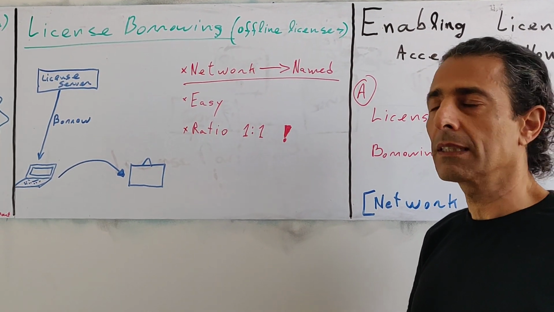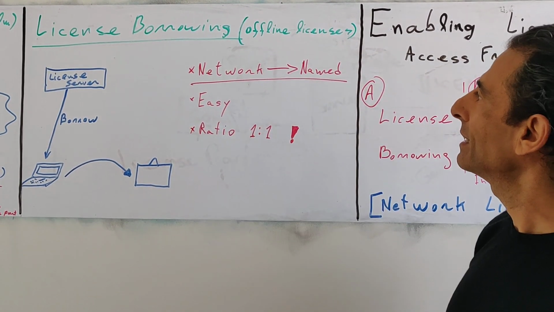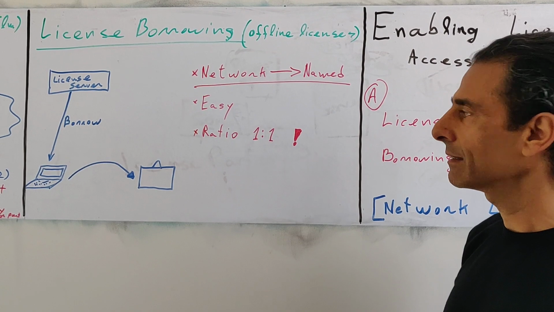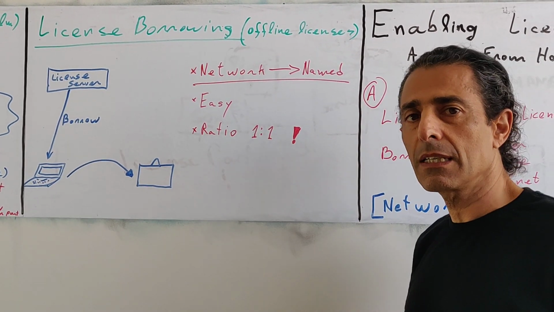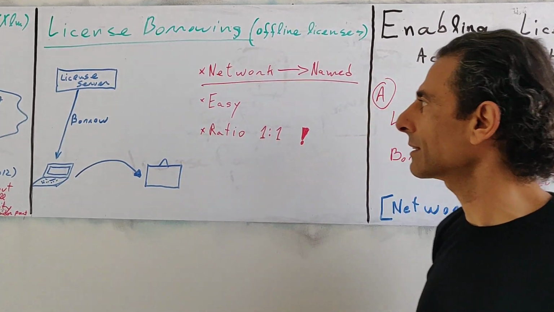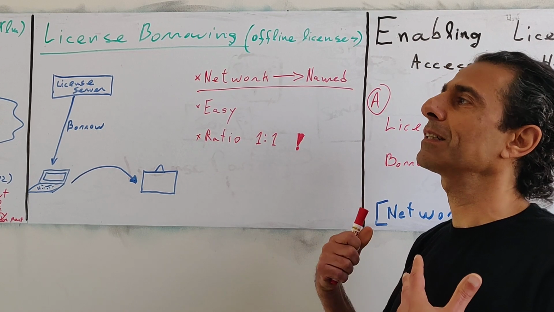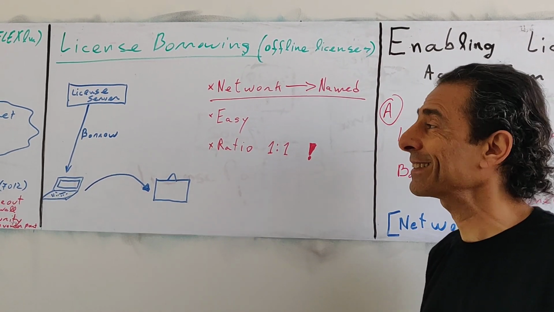By doing that, a network license is converted into a named license, and once you return it, it goes back to the license server pool. It's very easy, but not very efficient.